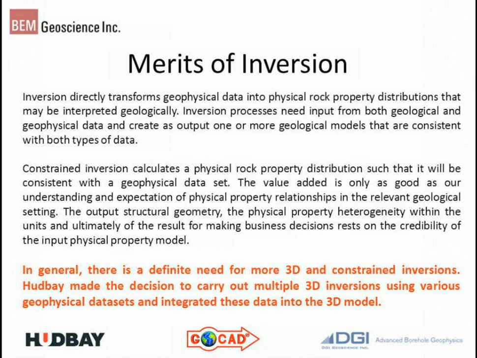In general, there's definitely more of a need for 3D and constrained inversions, and Hudbay made a decision to carry out multiple 3D inversions using various geophysical data sets, and Dianne showed several of those in his talk. And then we can integrate these into our 3D geological model and structural model and geochemical model for an improved interpretation of what some of these conductors might mean.